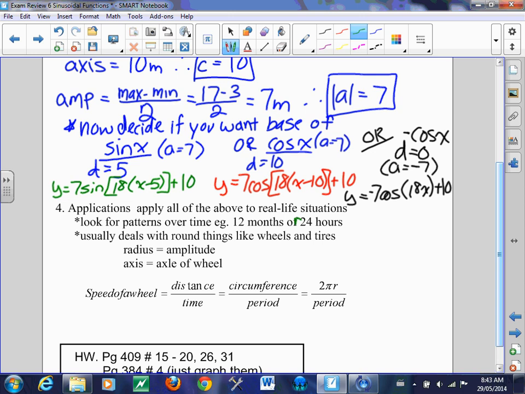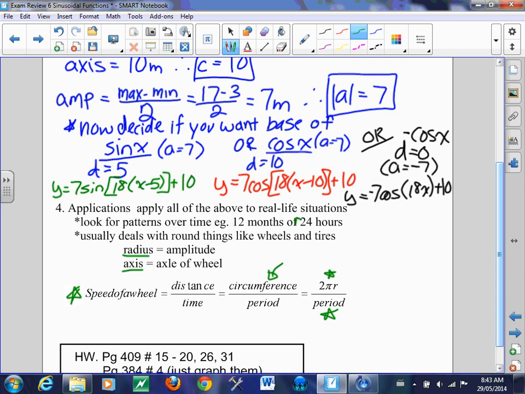Just remember that if you've got wheels, the radius is your amplitude, the axis is the axle or the spoke of the wheel, and you may want to remember this, folks, that the speed of a wheel is the distance over time. Distance is the distance around a circle, which is your circumference, which is 2 pi r, over time, which is your period.